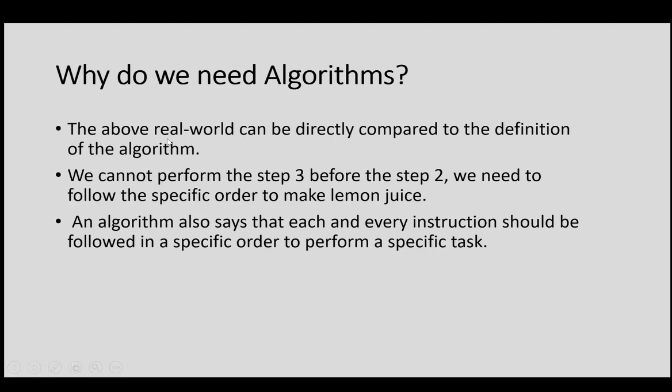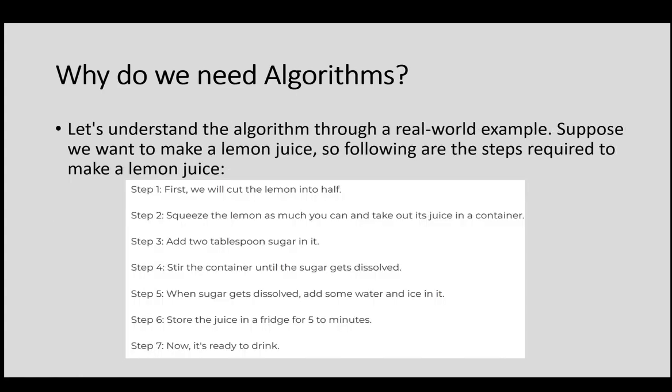The above real world example can be directly compared to the definition of the algorithm. We cannot perform step 3 before step 2. We need to follow the specific order to make lemon juice. An algorithm also says that each and every instruction should be followed in a specific order to perform a specific task. But in this case, as it is general, I may have different views.